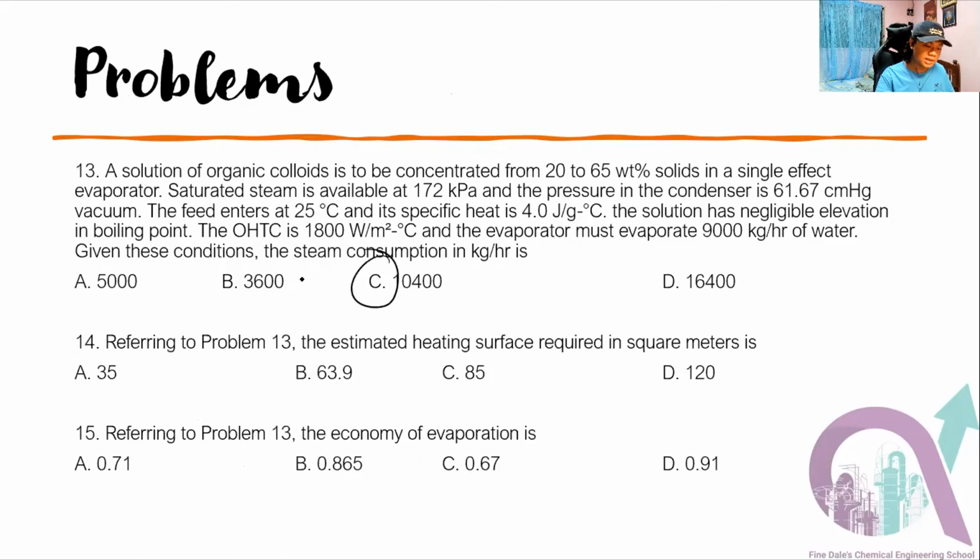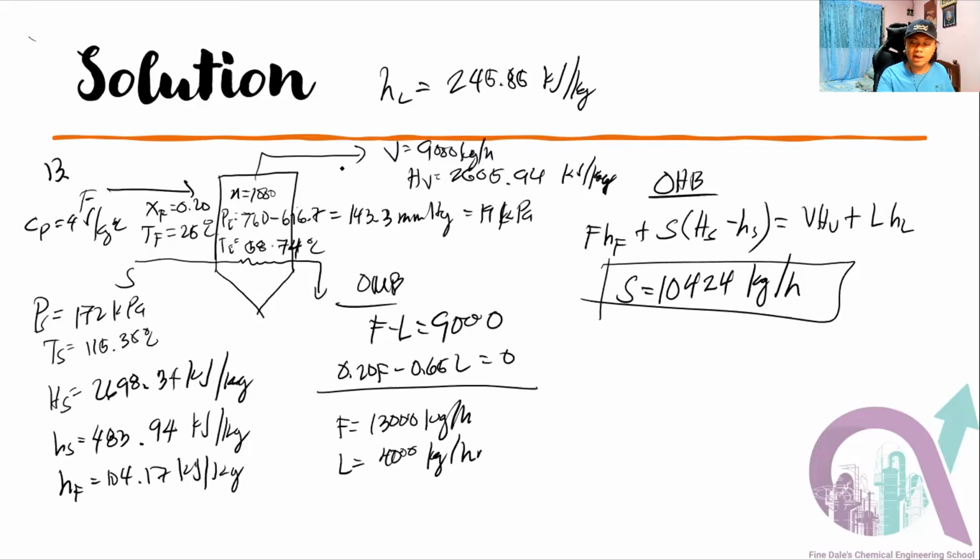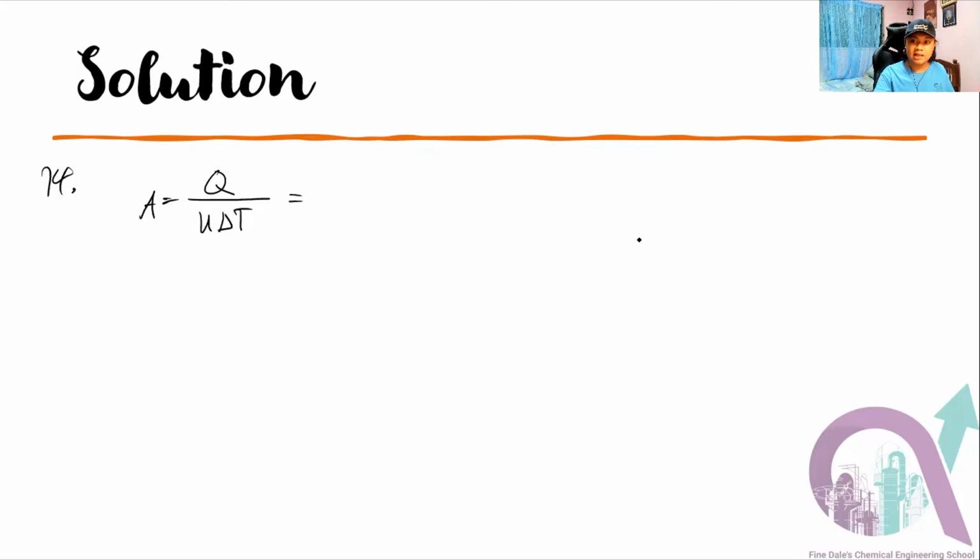Okay, so number 14, we are to find the area. We have to find the area. So area is equal to Q over U delta T. But we know Q from this heat balance, so we can get that.